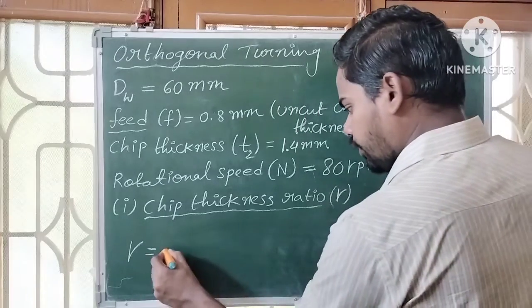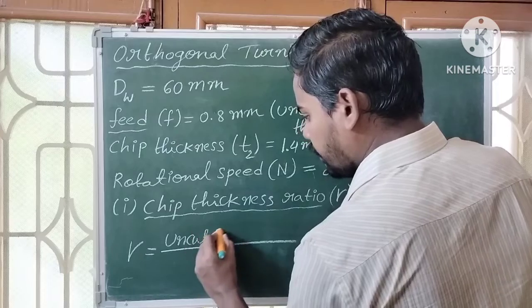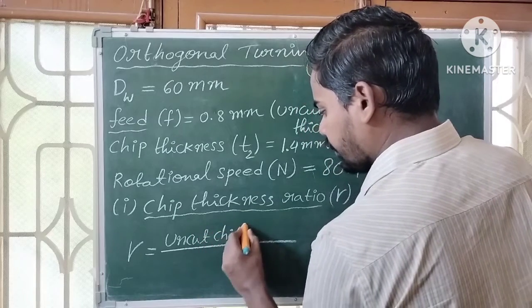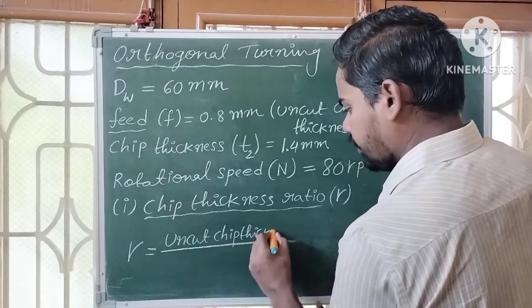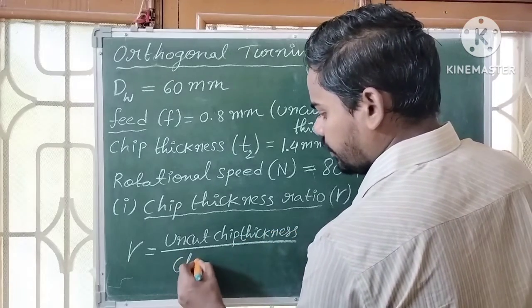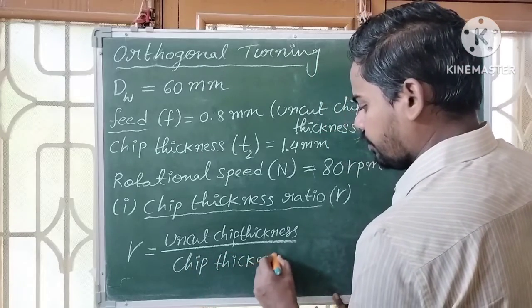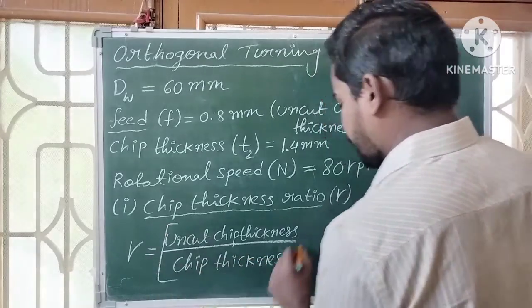Chip thickness ratio is equal to uncut chip thickness by chip thickness. This is the formula of chip thickness ratio.